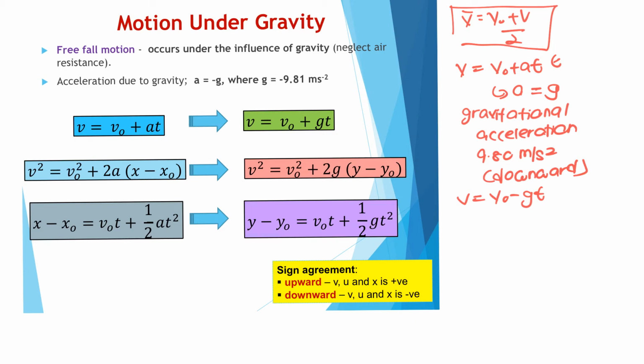Next, v squared equals v naught squared plus 2a(y minus y naught), because we already changed into y position, and your a here is g. And the last one is y minus y naught equals v naught t plus half a t squared. So please decide your direction, whether upward is positive or downward is positive, because it's going to change the signs, so you need to be extra careful.